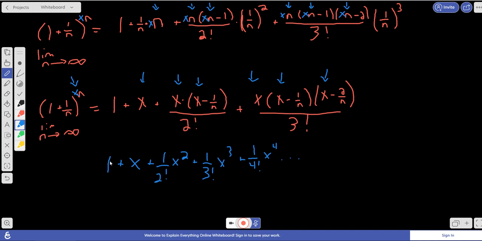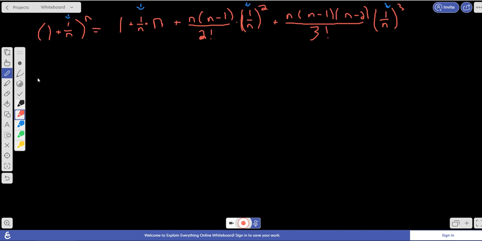So instead of 1 plus 1 plus 1 over 2 factorial, we have 1 plus x plus 1 over 2 factorial x squared plus 1 over 3 factorial x cubed, and so on and so forth to infinity. So adding a power, you could add a y here too, and you're just going to end up with a very similar result, and it is not hard to calculate at all.